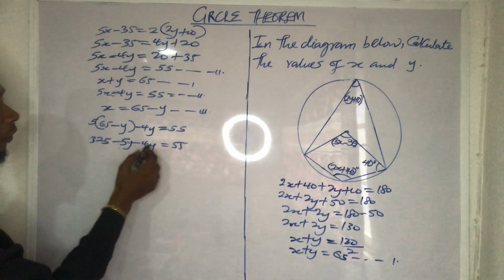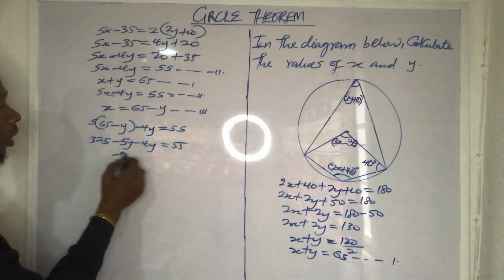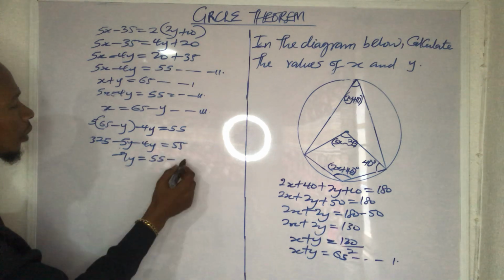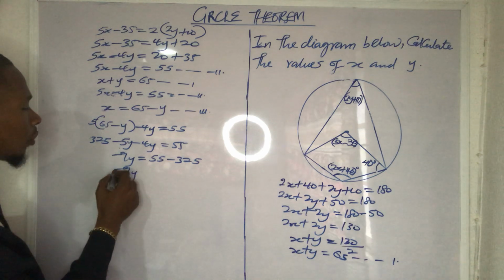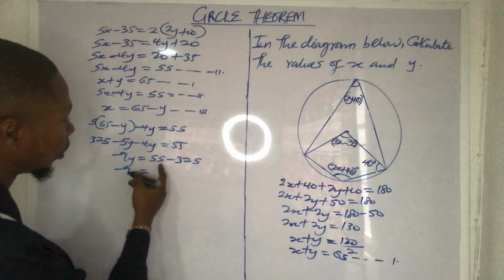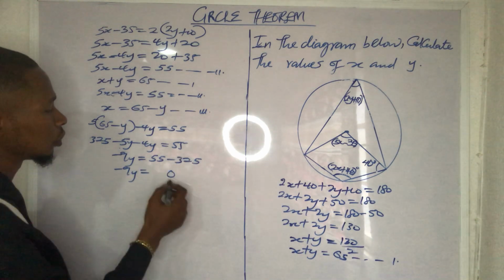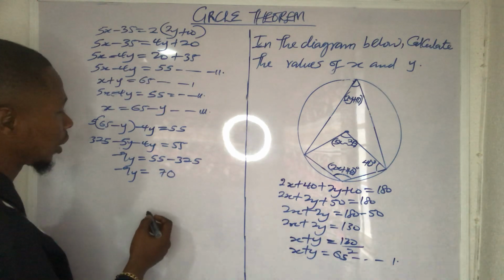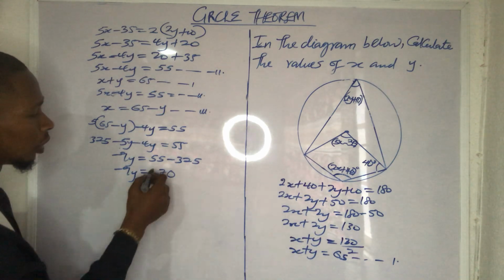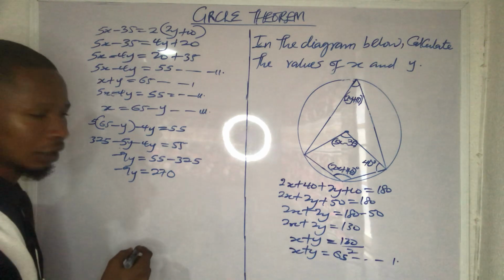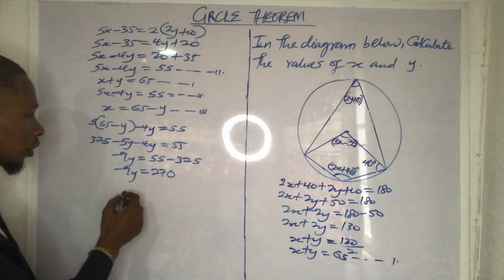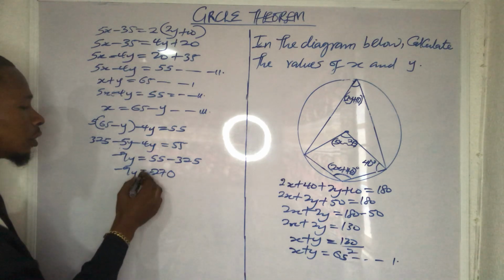Minus 5y minus 4y, that's minus 9y is equal to 55 minus 325. Then you have minus 9y should be equal to minus 270.